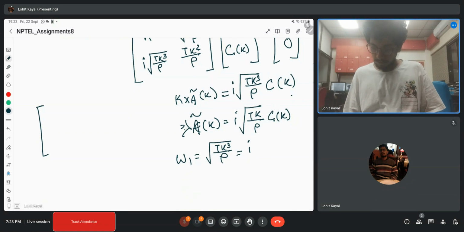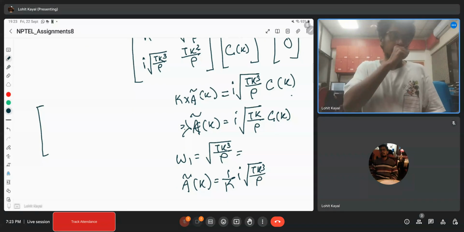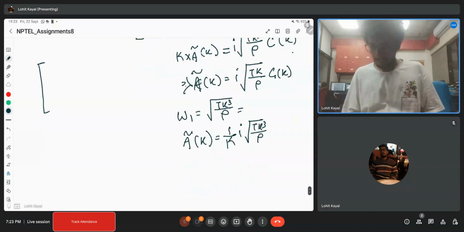So if omega is square root of Tk cubed by rho, I can write a tilde of k equal to 1 by k times i square root of Tk cubed by rho times c k, which is i omega by k c k. Omega 1 equal to omega.